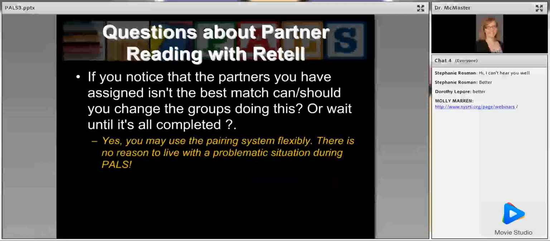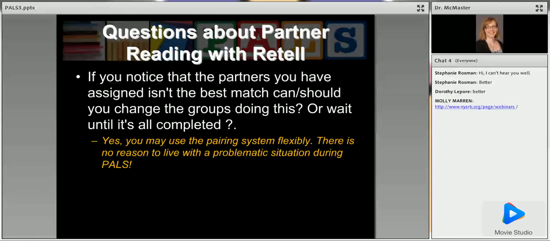Another question was, if you notice that the partners you have assigned aren't the best match, can or should you change the groups doing this or wait till it's all completed? And I would say absolutely. If you feel like your partners aren't well paired, you can certainly be flexible. You can change pairs. You know, the next time you do PALS, you might even decide to do it that day.